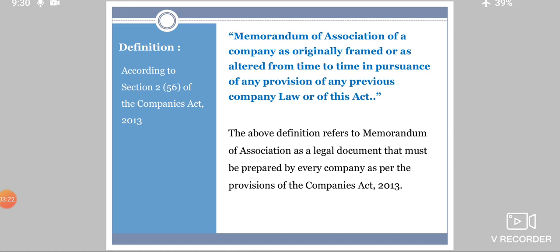Now see, Memorandum of Association of a company as originally framed or drafted when the company was formed, or as altered from time to time or changed from time to time in pursuance of, means in fulfillment of, any provision of previous company law or of this act.